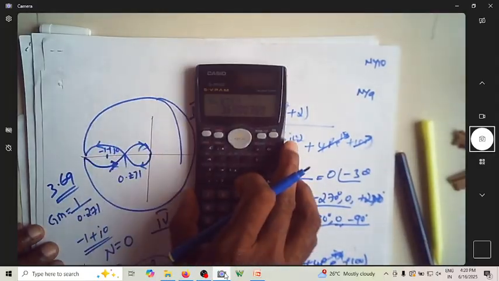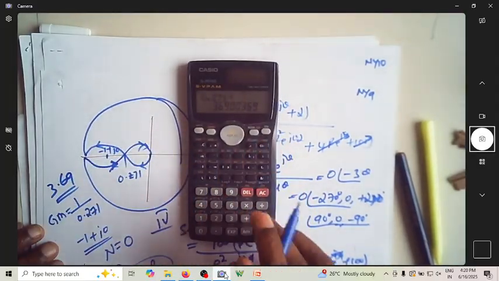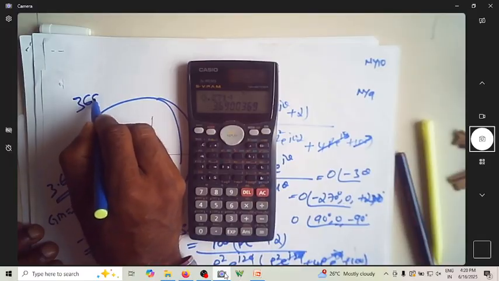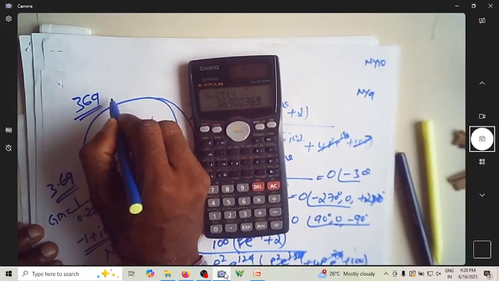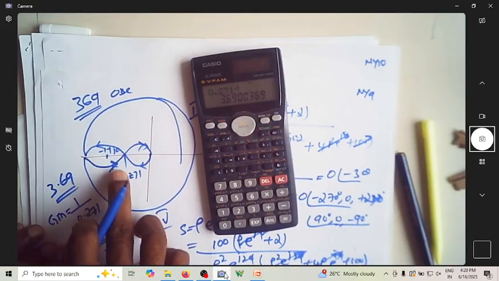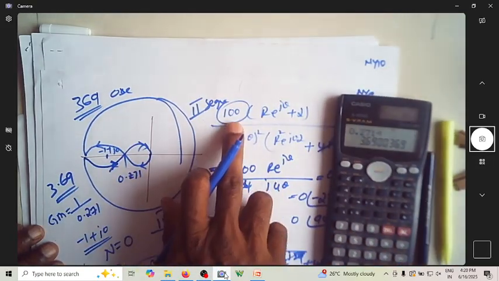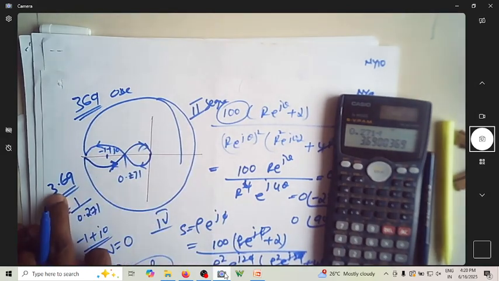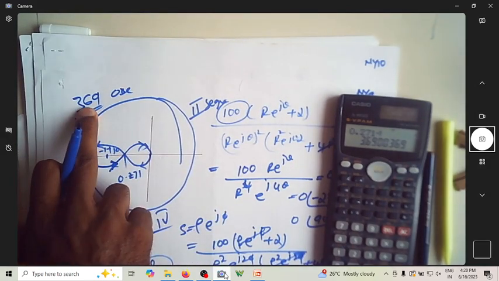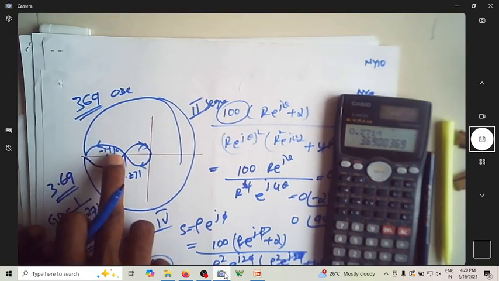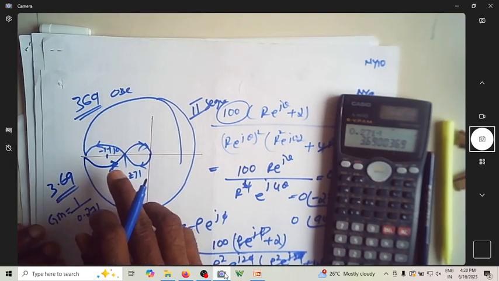So if the existing gain is multiplied by 3.69, it becomes 369, then the system is oscillating. The existing gain is 100.